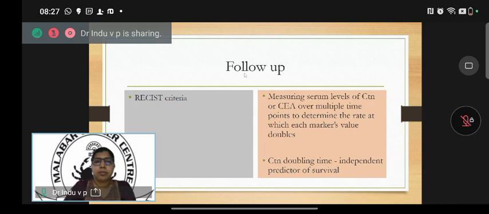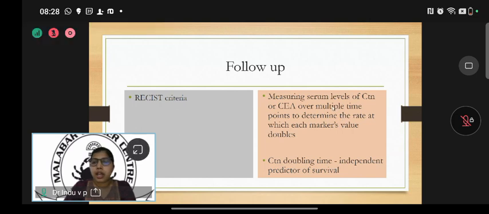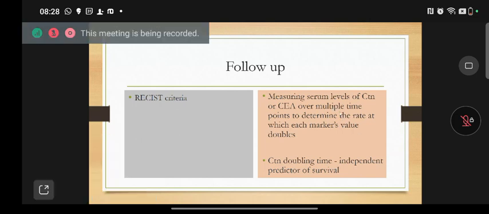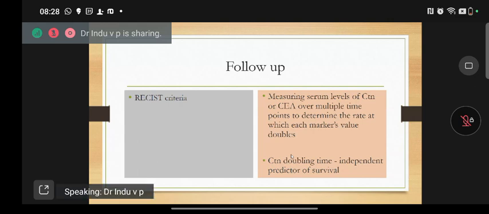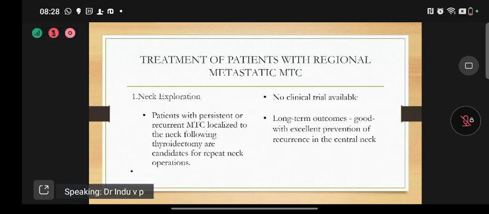Persistent or recurrent disease is followed up with the RECIST guidelines, or if calcitonin or CEA is elevated, we can check at constant intervals for the calcitonin doubling time, because it is an independent predictor of survival.